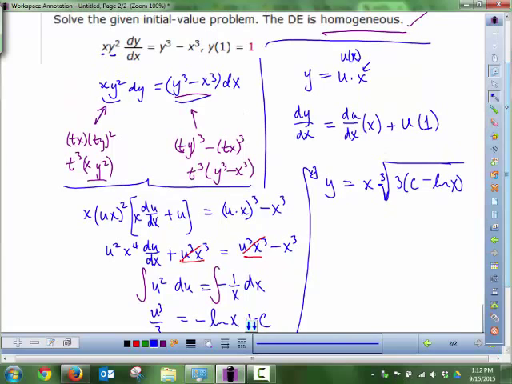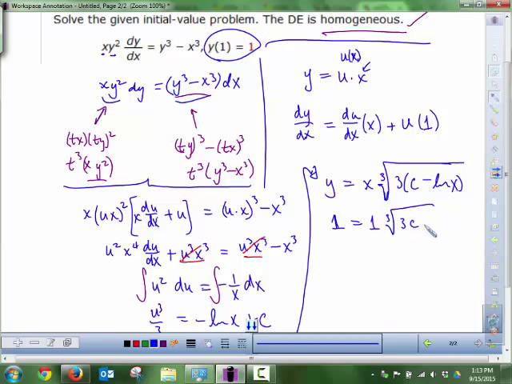Okay, now we put 1 in for x and y, according to the initial conditions, and solve for c. Let's see what happens there. We got 1, 1. We got the cube root of 3c minus ln of 1, which is 0, so that just goes away.